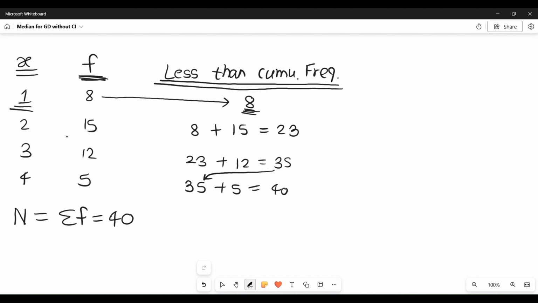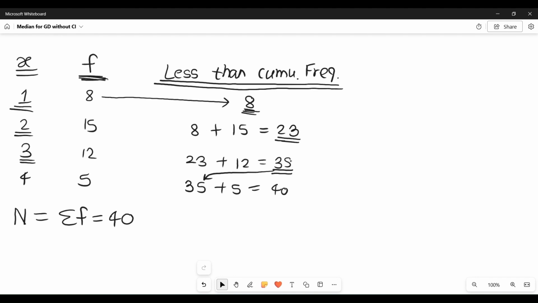Next, less than cumulative frequency of 2 is 23. That means total 23 data points are less than or equal to 2. And in the same way, less than cumulative frequency of 3 is 35. That means total 35 data points are less than or equal to 3.